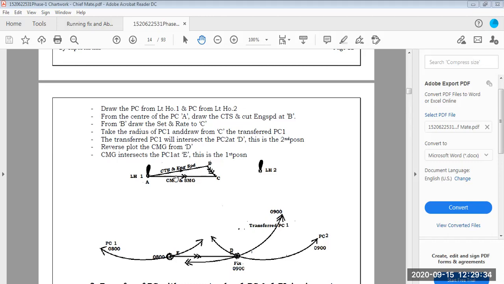Make sure you are transferring the course made good, not the course to steer. So from here we transfer the course made good, and when it touches the initial circle, that will be our position at 0800. So this is case 7, where you have two position circles for a running fix at different times.